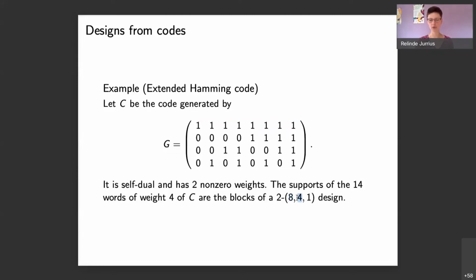I take blocks of size 4, and then every 2 points are in exactly one of the blocks. That means that if I take 2 positions in the code, I can always find exactly one codeword that has ones on both these positions. So this hopefully gives us an idea of how to get from a code to a design.